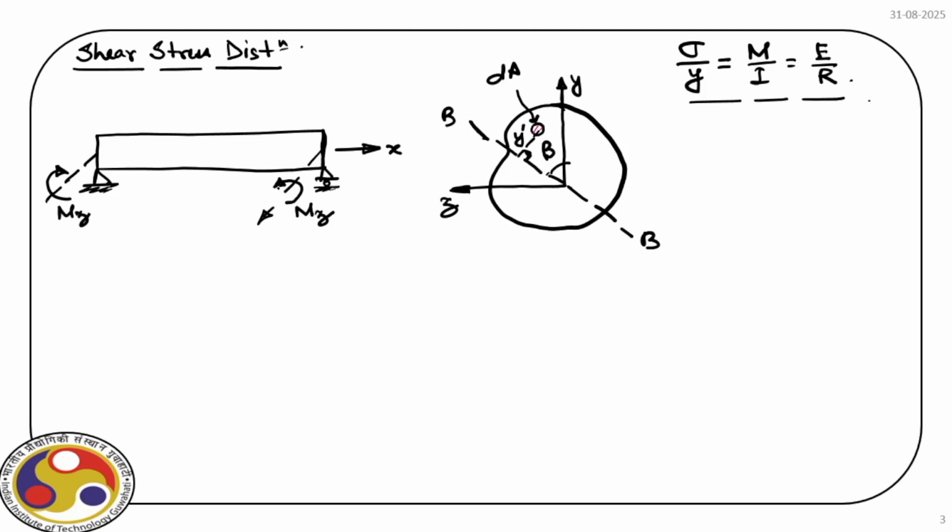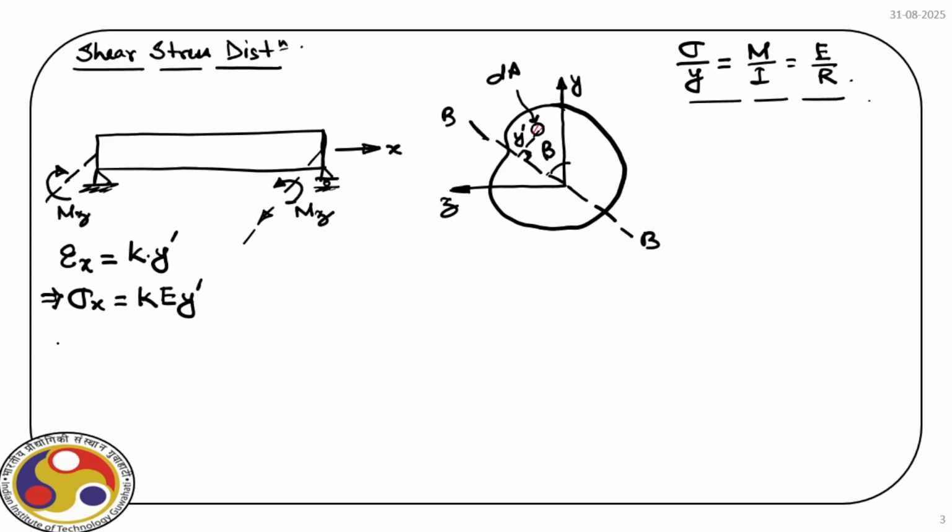Now because of this bending, which is about the z axis, we have epsilon x is equal to k times y prime. This we have already earlier developed as a model. So sigma x is equal to k times E times y prime.